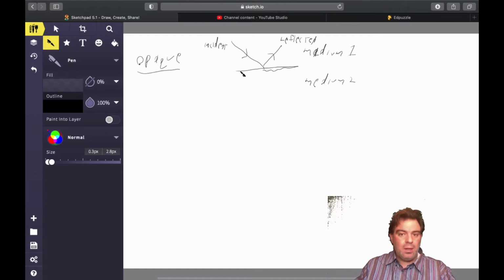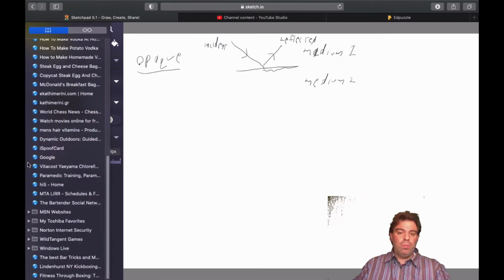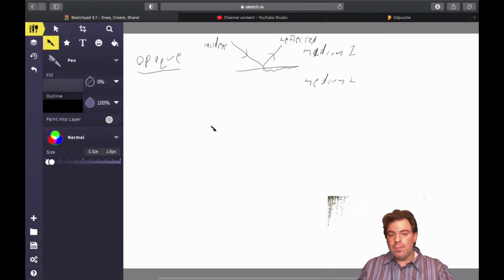What does that mean? It means that the original incident light had a mixture of the frequencies of all colors. That's why it was white light, and only the green was reflected and entered our eye, and all the other ones were simply absorbed by the new medium. So that's what happens when the object is opaque.